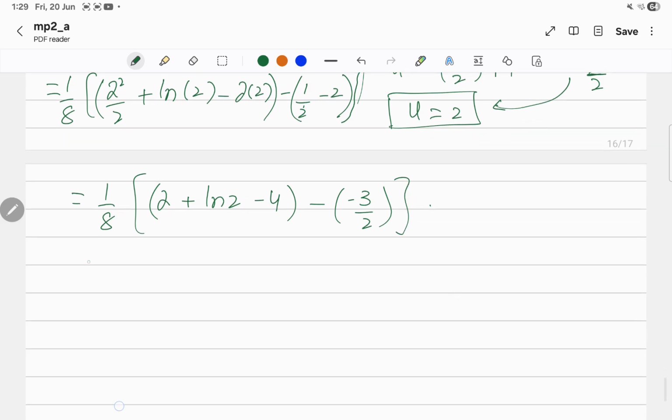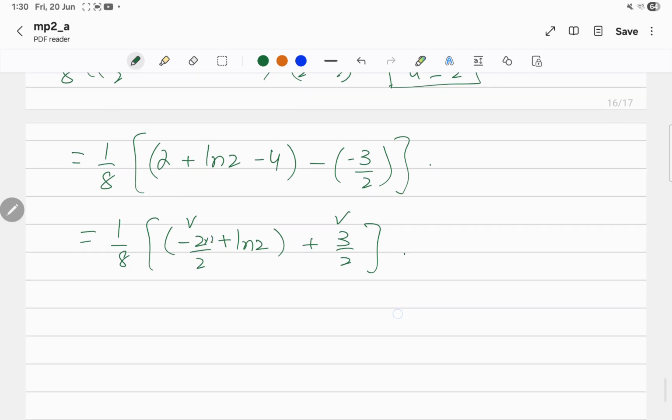Okay, so now if we simplify this, it will be 1 over 8, positive 2 minus 4 will be minus 2, plus ln of 2, plus 3 over 2. If you make the same denominator for these two constants, you can multiply by 2 up and down to make the same denominator. So it's 1 over 8, minus 4 over 2 plus 3 over 2, plus ln of 2 after.